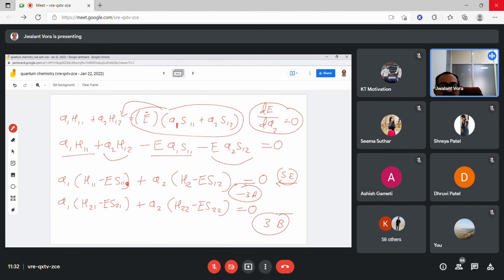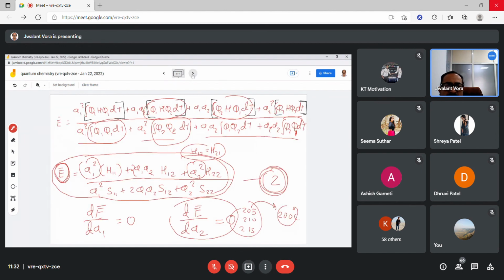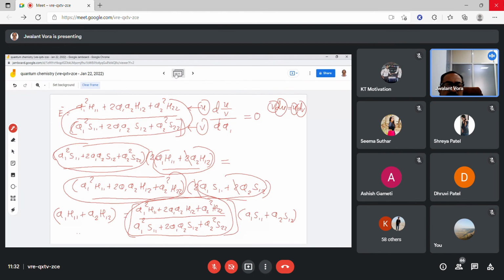Now 3A and 3B they also write in determinant form. So that equation will be, this is the last equation.